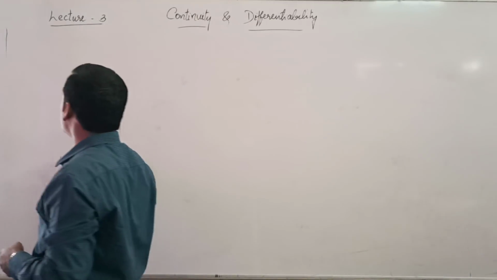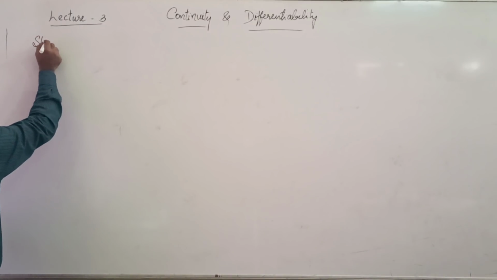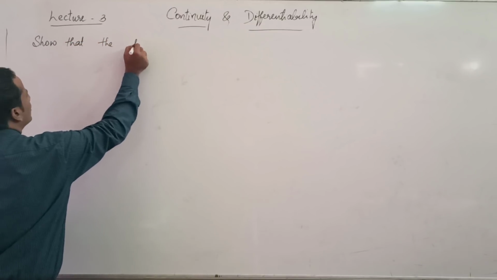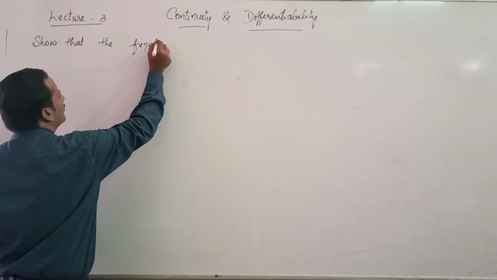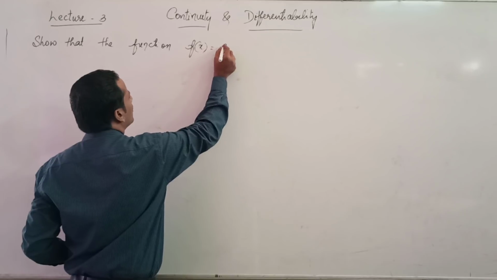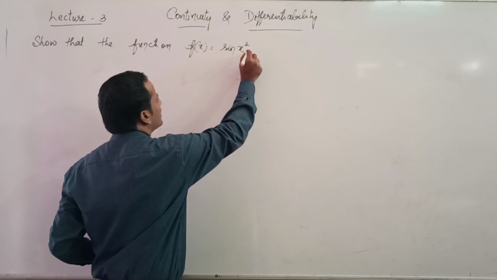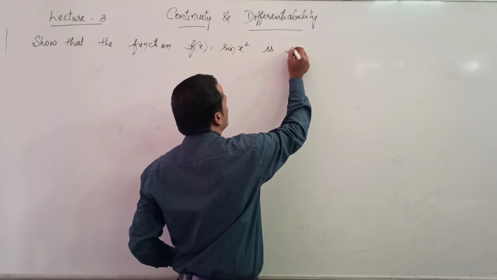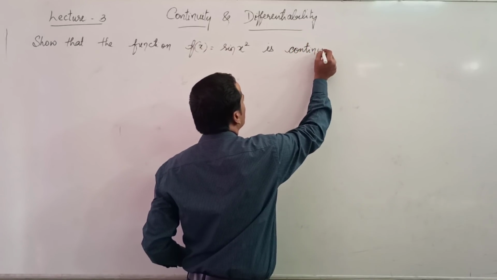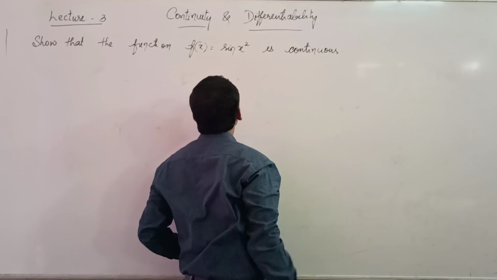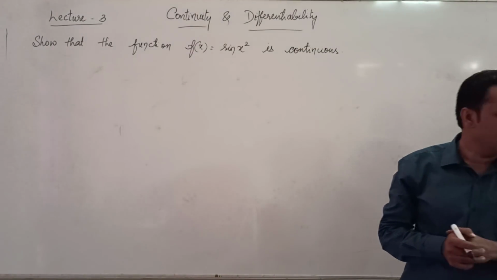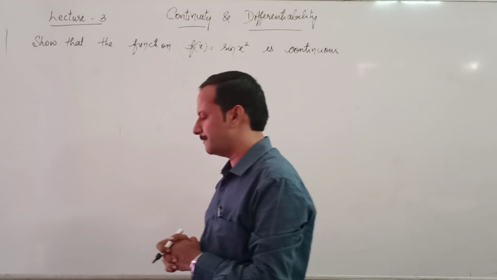Show that the function f of x is equal to sin x square is continuous. Show that the function f of x equal to sin x square is a continuous function.